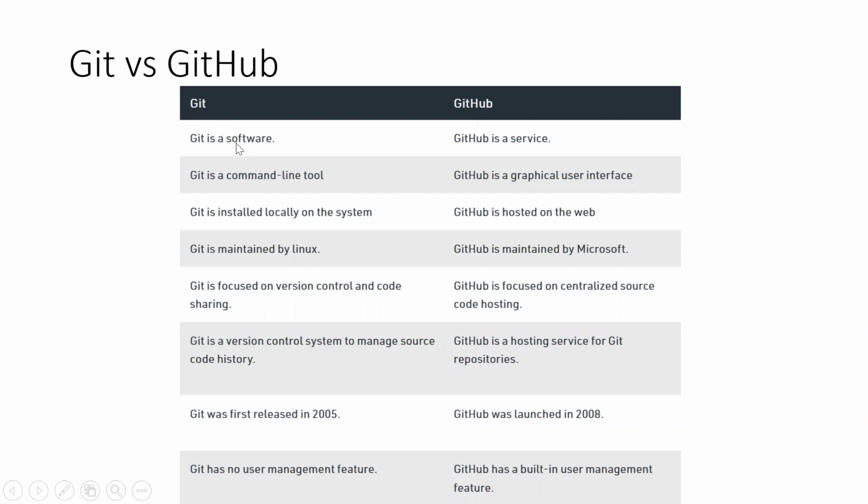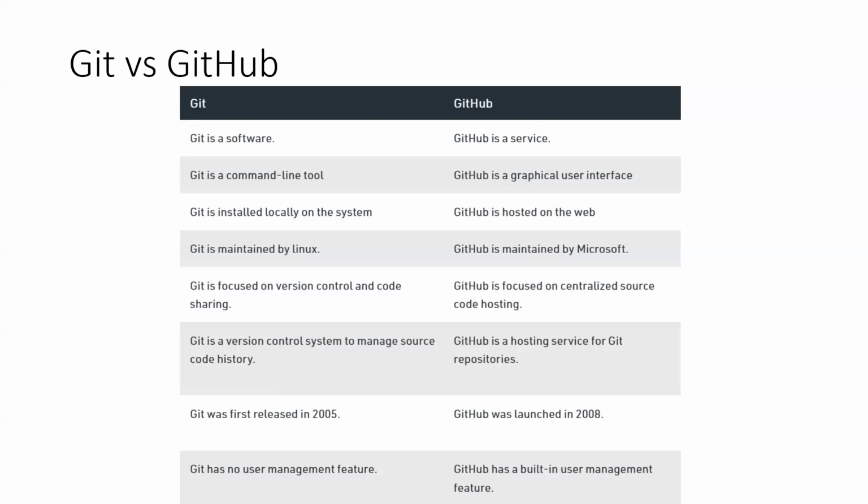Git is the concept. You can install Git locally, and without a network connection you can work on top of Git. If you have Git installed on your system, you can create your own repository in a particular folder location, and inside this folder you can maintain all the files you develop on your local system without a network.